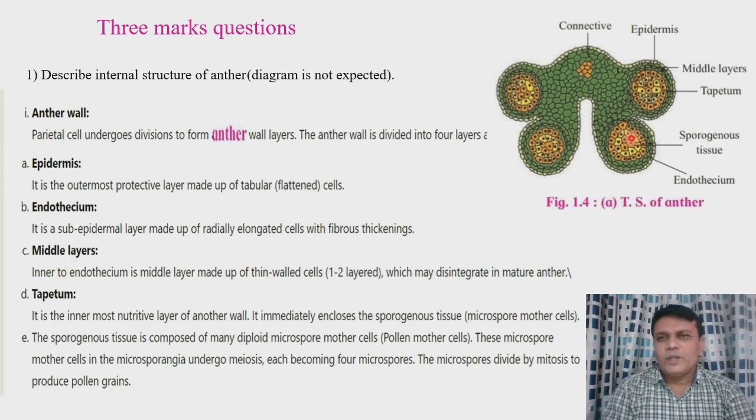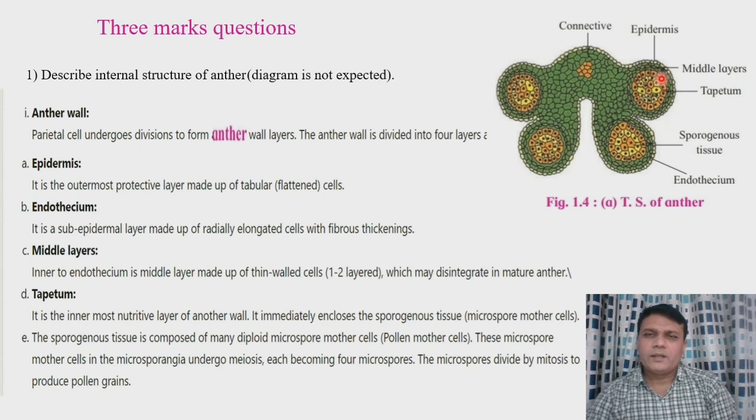Now inner to the endothecium, middle layers are present and they are 1 to 2 in number. And these middle layer cells are thin walled and which may degenerate or disintegrate in mature anther.